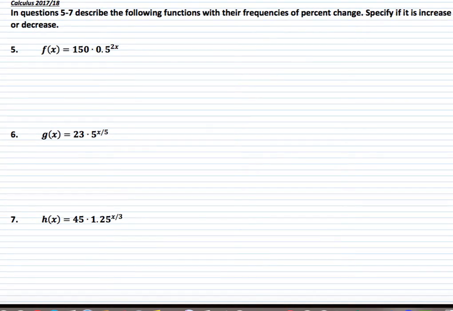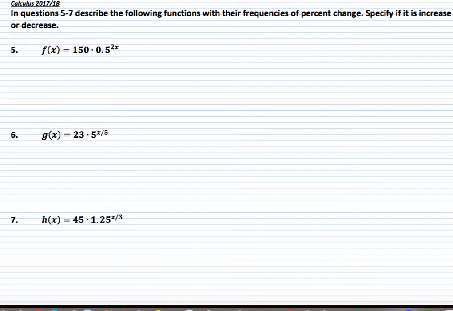For 5 through 7, we want to describe the functions with frequencies and percent change, making sure to say if it's an increase or decrease. So, starting at 150, we have an a value that is less than 1, so it is going to be a decrease. So a is going to be 0.5, and so r is a minus 1.